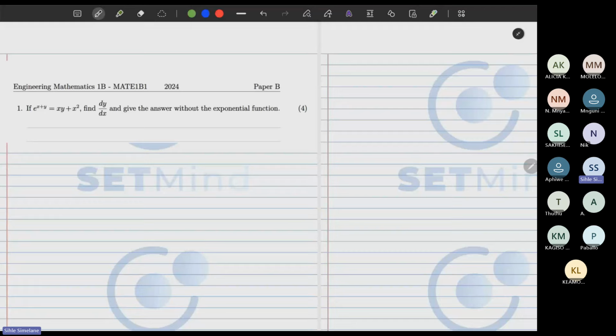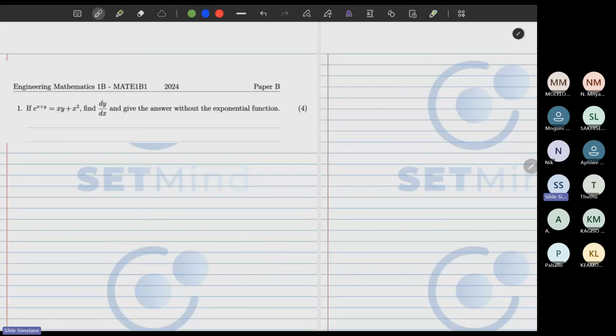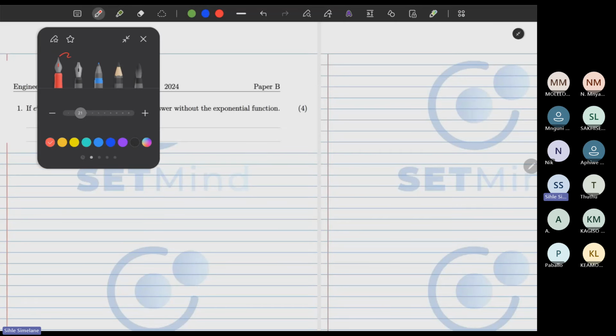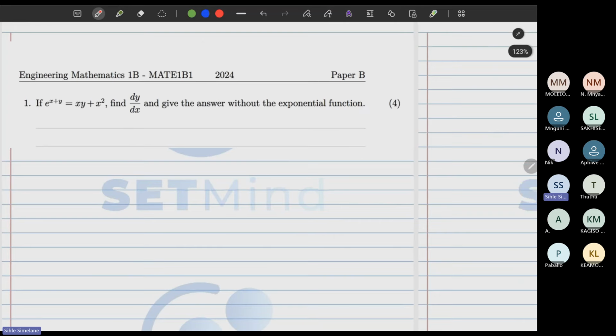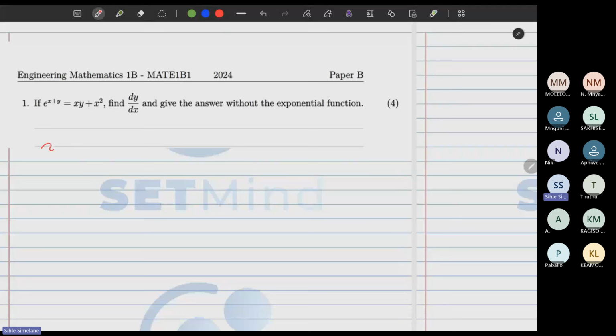If you look at the first question, it requires us to determine dy/dx and give the answer without the exponential function. If you observe carefully, guys, you should be reminded that the kind of expression we are looking at here is an implicit expression.